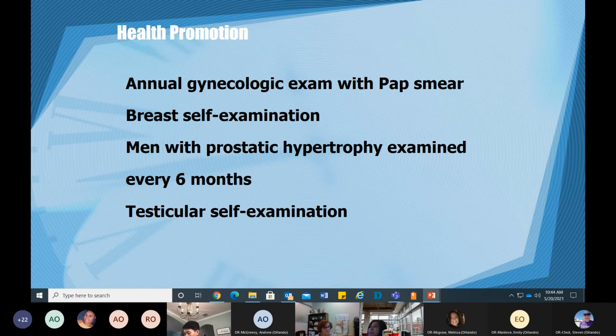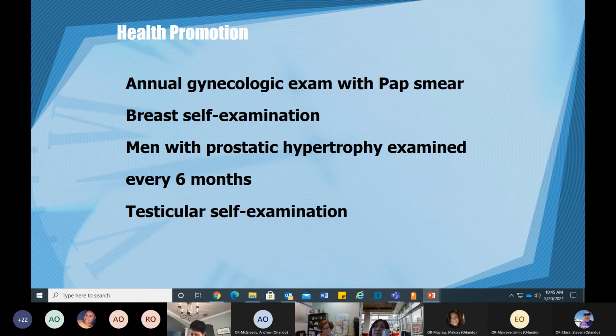So let's talk about health promotion for both the male and female. Be sure to teach your older patients how to do a self-breast examination. For men, we want to teach them how to do a testicular exam. Talking about sexual health or sexual activity, we talked a little bit about that using the PLISSIT scale earlier this quarter, but we have to have a really good understanding and rapport with our patient before we start asking questions that are extremely sensitive.